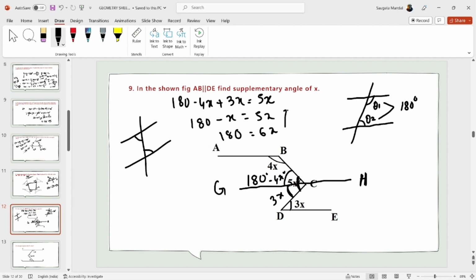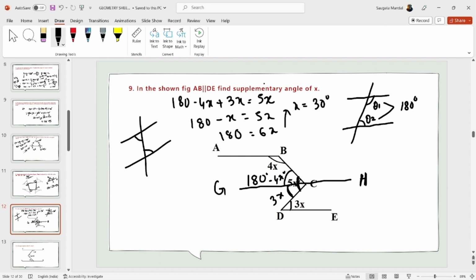X equals 30 degree. What is the value of x? The value of x is 30 degree.